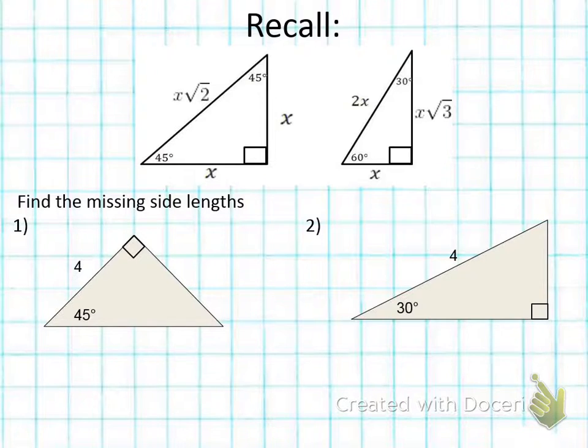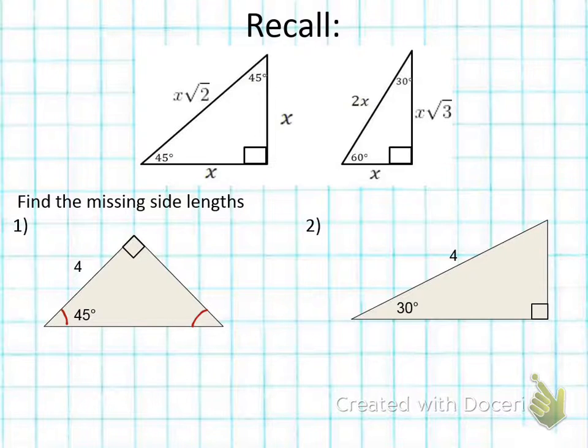For instance, if we were just given a side length of 4 for number 1 and the angle 45, we know, first of all, that if this angle is 45, this one must also be 45. It's a right triangle, and the interior angles have to add to 180, so that has to be 45.